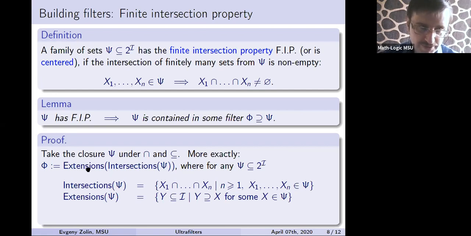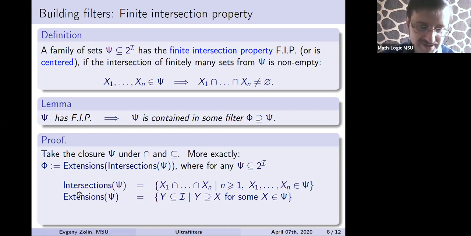Property 3, supersets, is again easy because you build all supersets of some collection of sets. You only need to check that this collection does not have the empty set, and this collection is closed under intersection. If you have y1 and y2, then the intersection is non-empty, and then the intersection belongs again to this phi.